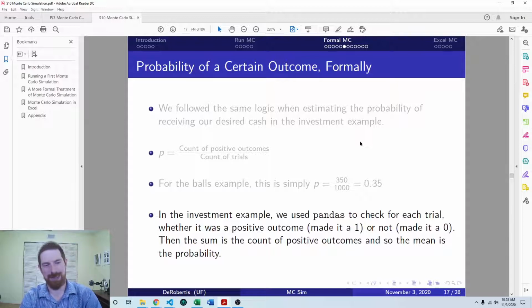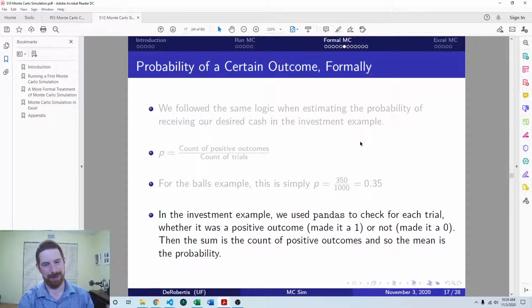And when we applied this in the investment example, it was the same exact logic. It may have looked a little bit complicated what we did in Pandas, but all that we did was convert it into this kind of format where we assigned a 1 or a 0 based on whether we met the objective. If we got at least $1,050, it became a 1.